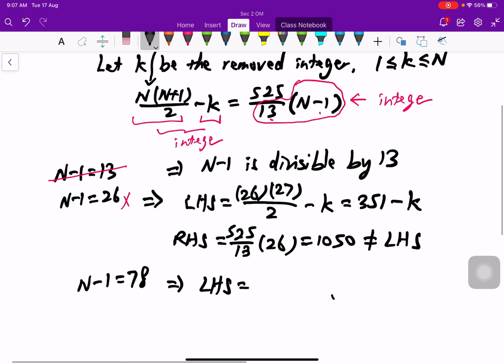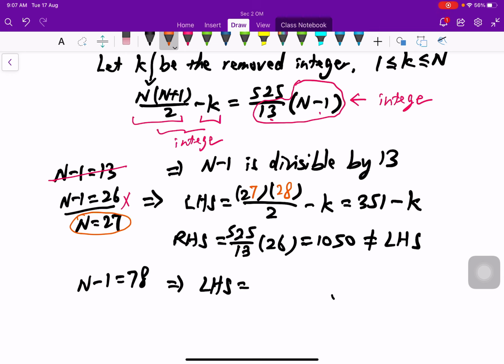Okay, class, I think this part here is 26. That means your n is actually 27. Then your n plus 1 would be 28. Maybe this part here I did wrongly. It should be 27, and then this is 28. Am I right? Because your n is actually 27. All right, then let me check.